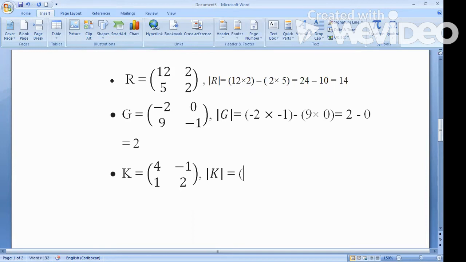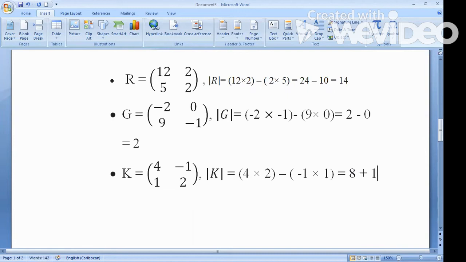Leading diagonal, 4 times 2, take away negative 1 times 1. 4 twos are 8. Negative 1 times 1 is negative 1. Then 8 take away negative 1 is 9.